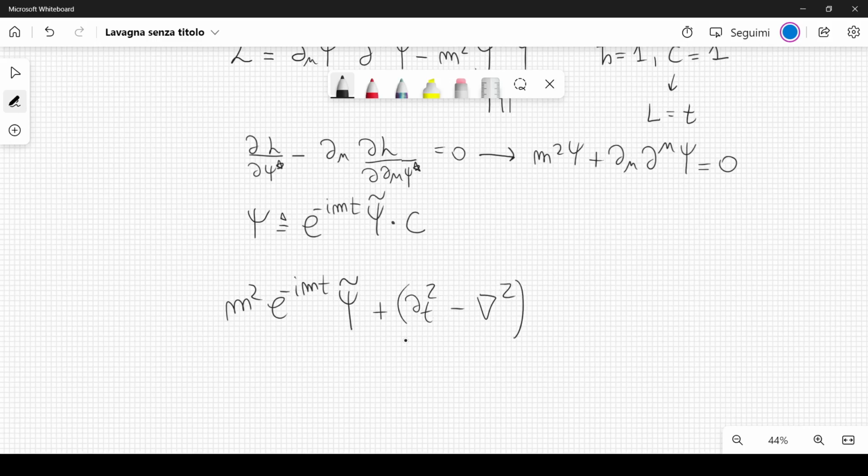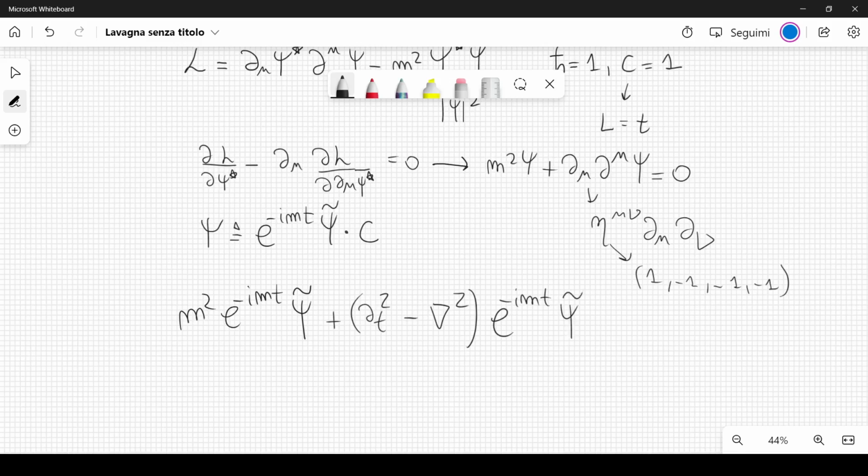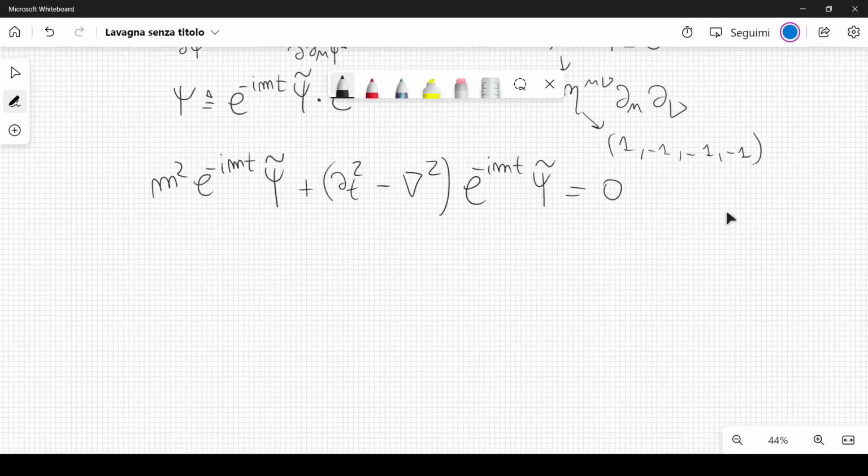And this comes from ∂_μ, I mean, this would be η^(μν) ∂_μ ∂_ν, and I'm considering a signature of the kind (1, -1, -1, -1). And therefore you can write it like this. And this should be applied to e^(-imt) ψ tilde equal to 0, like this.